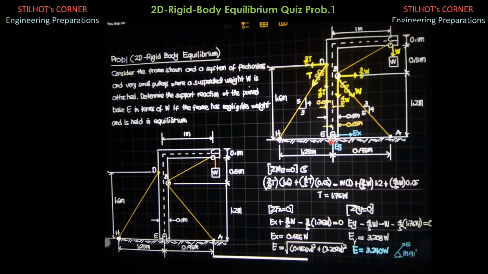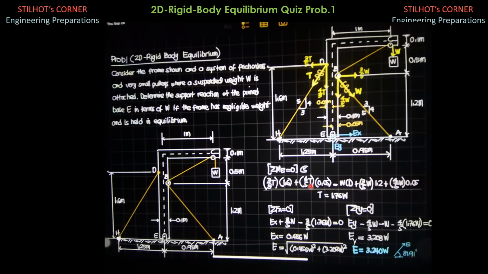So half of 0.1 is 0.05. Then equals clockwise moments. All these are clockwise about E. Beginning with W, the moment arm is 1, plus 3/5 W, the moment arm is 1.2, then plus 4/5 of W, the moment arm is 0.05.